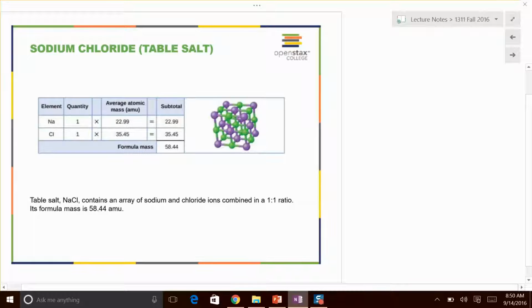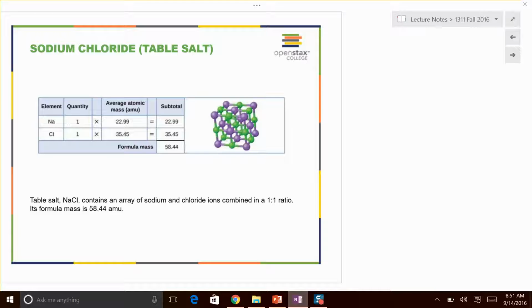Now, when we look at an ionic compound, ionic compounds are crystalline structures, but you're going to find the mass in the same way, because they're in their lowest ratios.